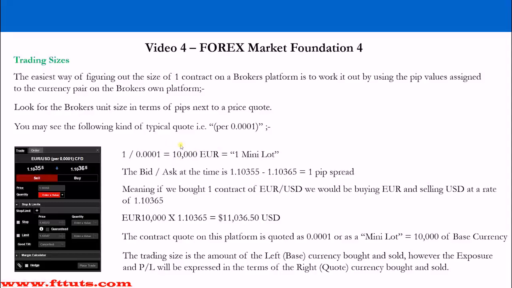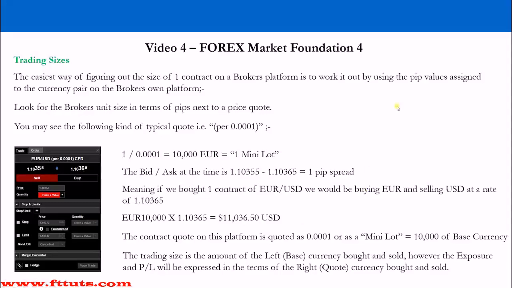And we know that 10,000 in the base currency is equal to 1 mini lot. The bid/ask at the time in this situation was 1.10355 to 1.10365. So we basically have a 1 pip spread, and we're selling at this price and buying at this price. This is the quote.